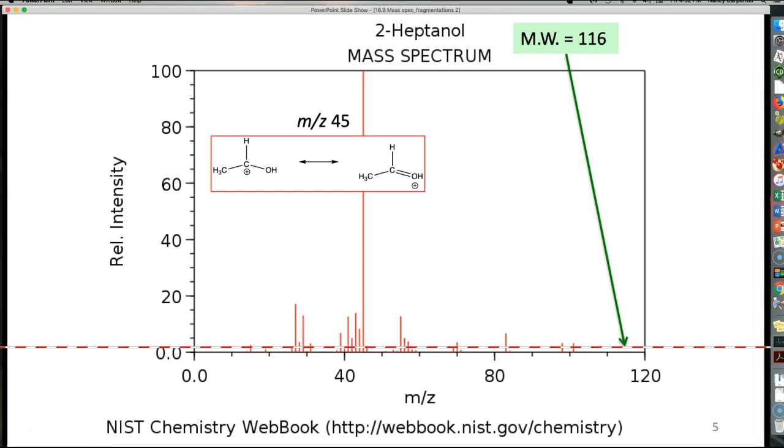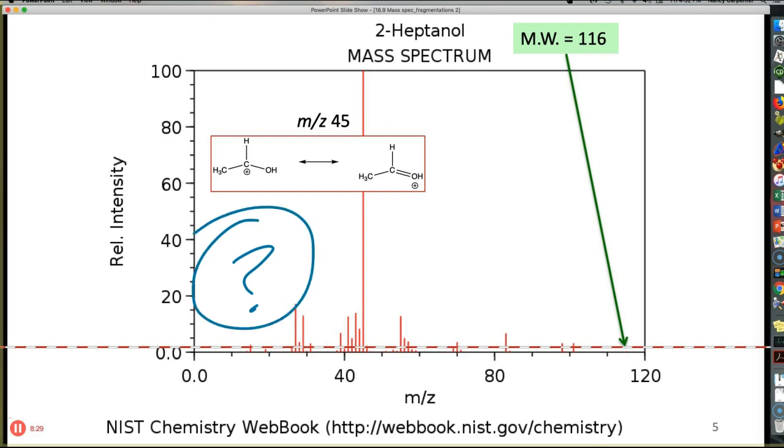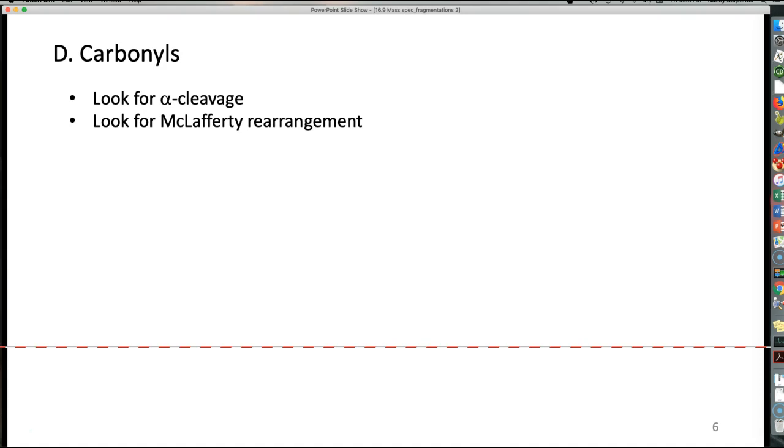Well, what I can tell you makes sense is that it has this structure, that this is a really stable carbocation, stabilized because of resonance, and this has the right molecular weight to match the mass to charge of 45. How is it formed? I don't know. Maybe that's something you can play with.